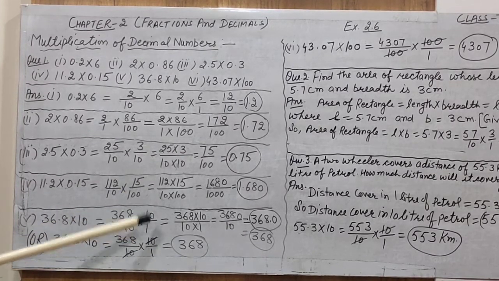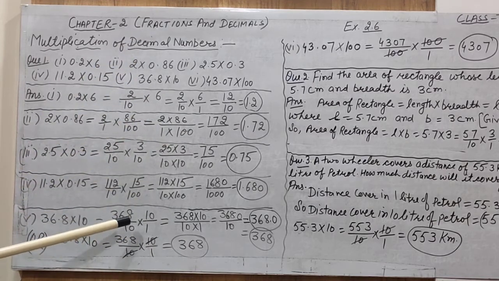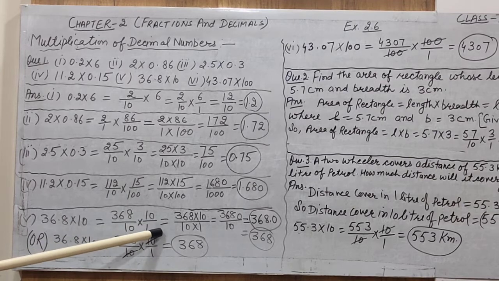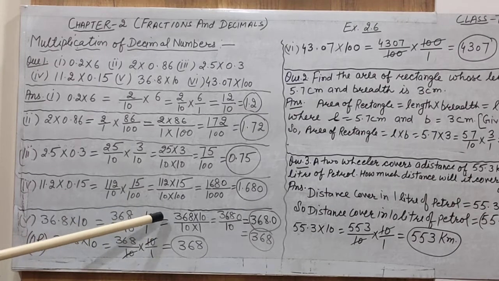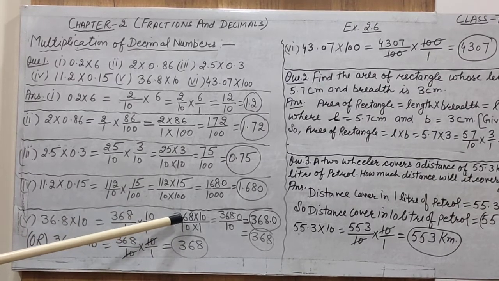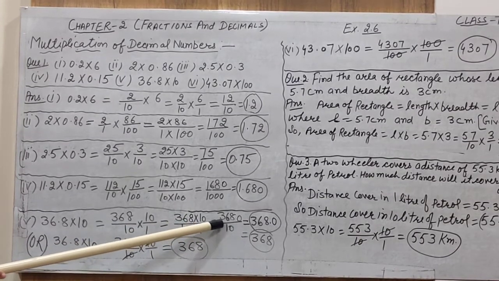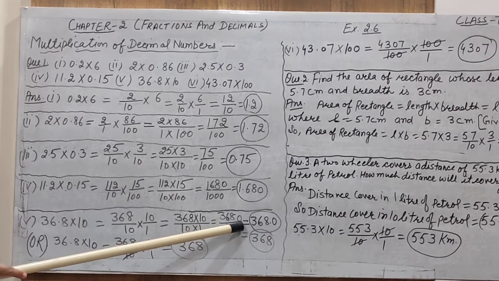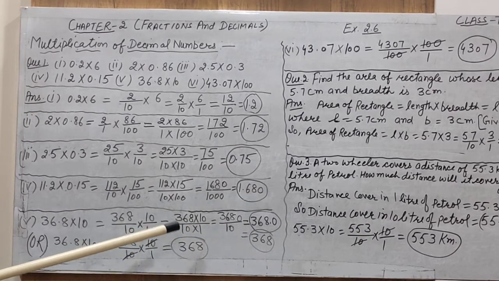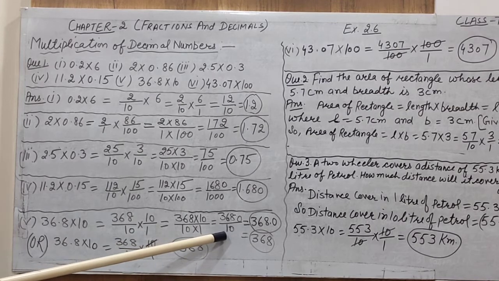In first method you have to use the same process, that numerators are multiplied and the denominators are multiplied. When we multiply two numerators, we get the result is 368 multiplied with 10, we get 3680. Alright, in the denominator 10 is multiplied with 1, result is 10.